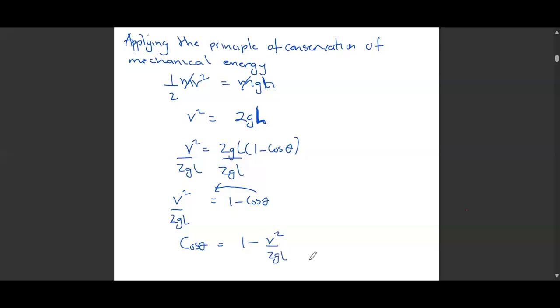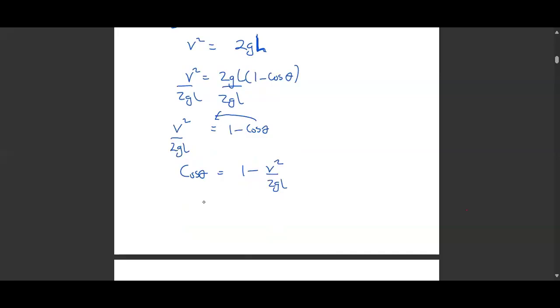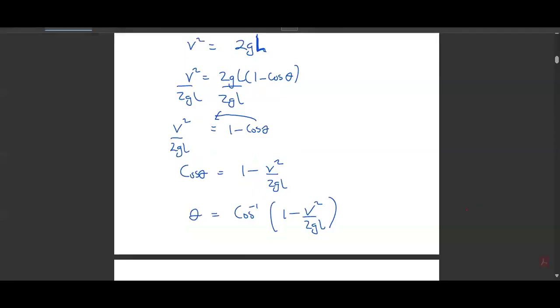If you make theta the subject by taking arc cos, our theta is going to equal arc cos of 1 minus v squared divided by 2gL. And I think this is the expression they want us to come up with. That is the expression.